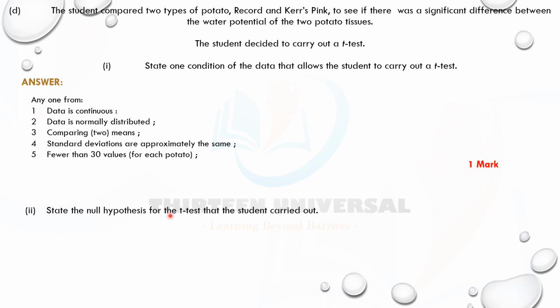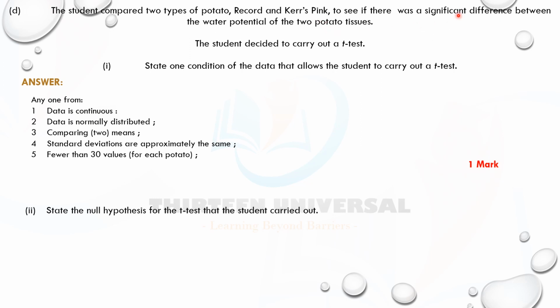State the null hypothesis for the t-test carried out. Remember that the null hypothesis is a negative hypothesis. So the null hypothesis will say there is no significant difference between the water potential of the two potato types, that is the Record and Cara's pink potato.